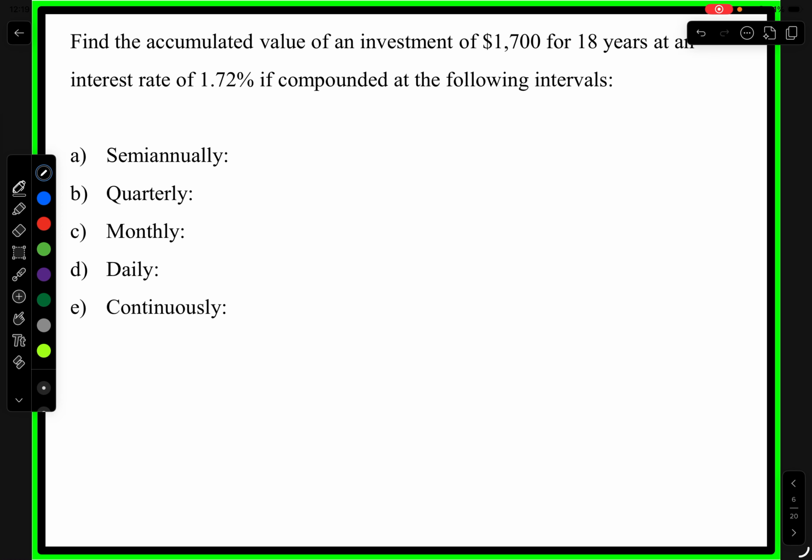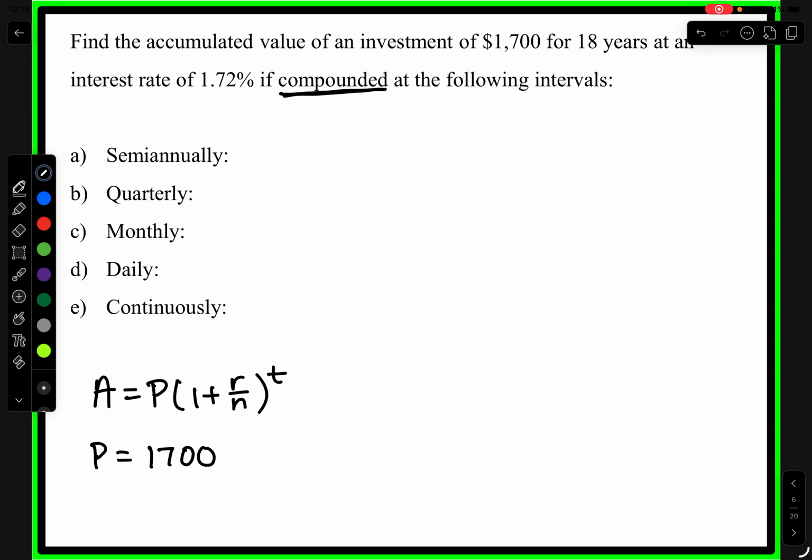So first of all, since we're going to put it into an account that's going to earn interest on a compounded basis, the formula we're going to use here is this one at the bottom, okay? Now the value of P is going to be the 1700.